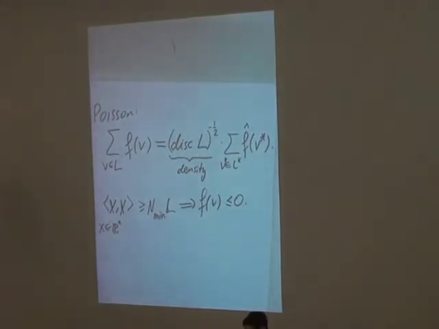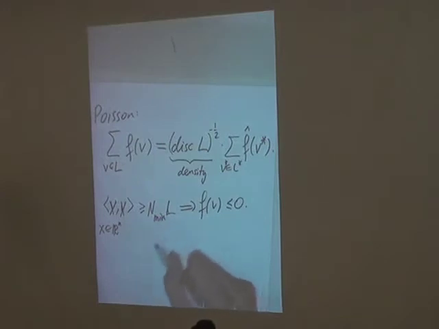And suppose on the other hand that for all x, the Fourier transform of f at, maybe call it x star, is positive, or at least non-negative. Suppose you do that, then what happens here?